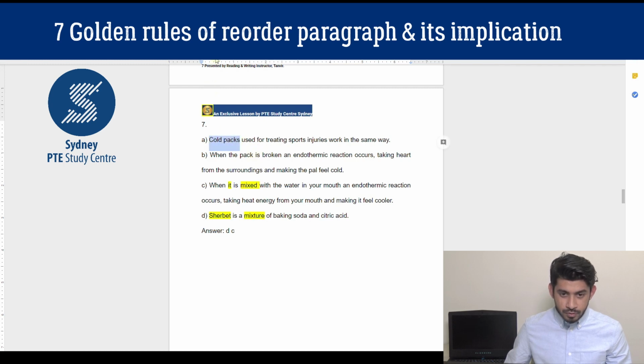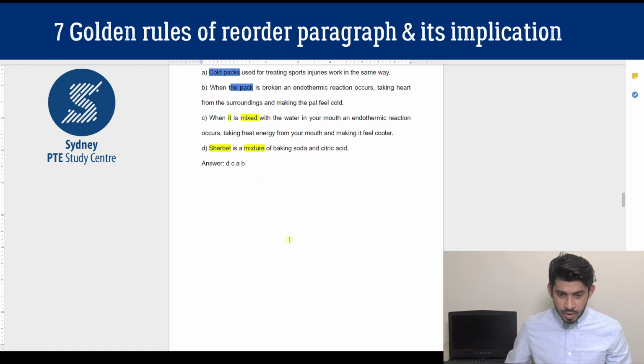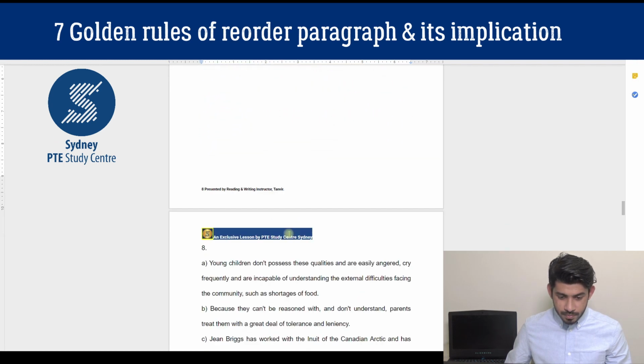Obviously, as we know, the full-length term comes first, then the short one. Another clue is the pack. We use an article before the subject, so obviously the article comes later. So my pair is A and B. Looking at those 4 words, you can give your answer.